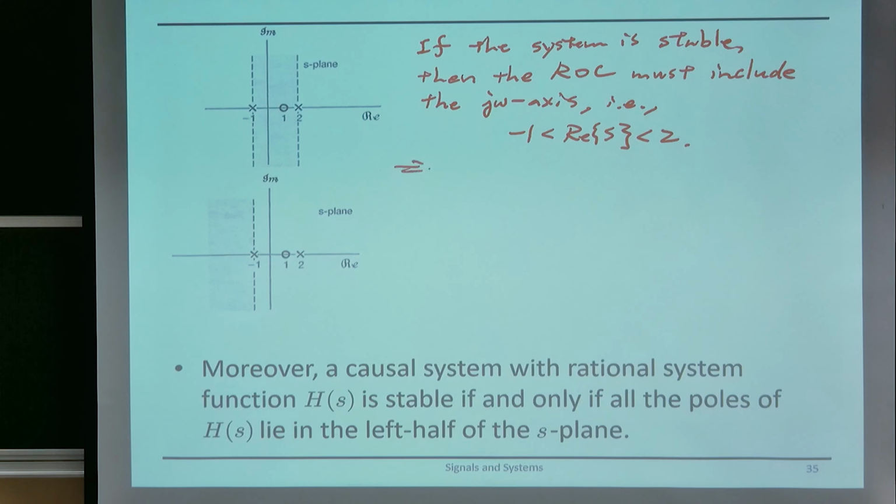By that, you will get an impulse response that's 2 over 3 e to the minus t u of t for the first term, which is a right-sided signal. And for the second term, you have minus 1 over 3 e to the 2t u of minus t.